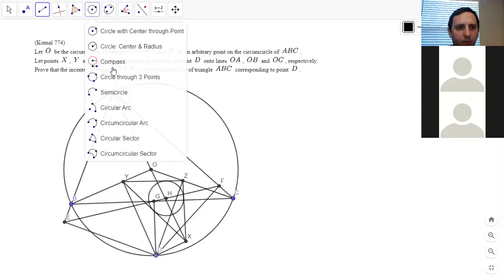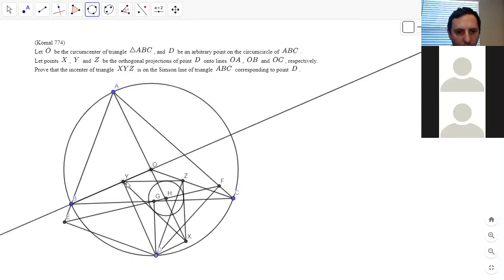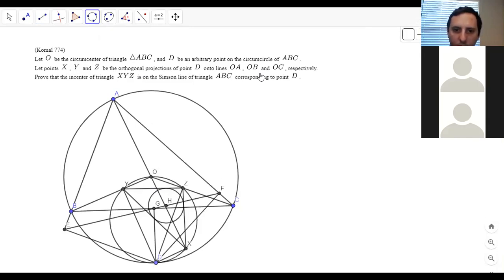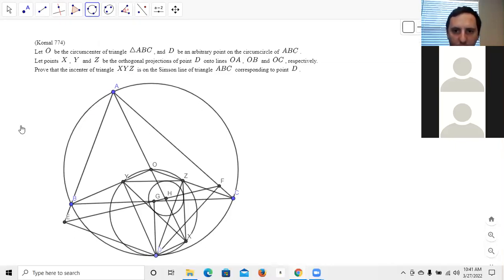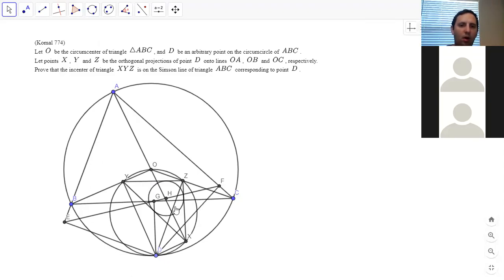And then it's probably also worth trying this. DXOYZ we know is cyclic. The points will lie on the circumcircle of ABC. Oh, because since these are perpendiculars, yeah, okay, so let's do that.